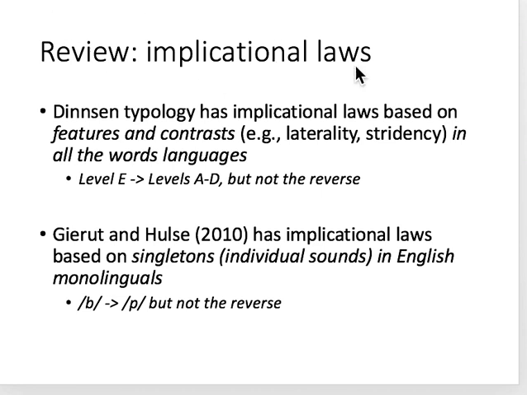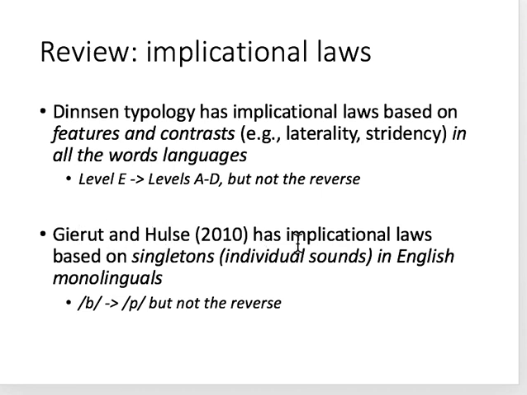Similarly, talking more, what are some other implicational laws? Some of the obvious ones are the Garrett and Hulse ones, right? We know all of these laws about a particular singleton targeting another singleton or implying another singleton, or we've talked about how affricates imply fricatives and all of this kind of thing, right?